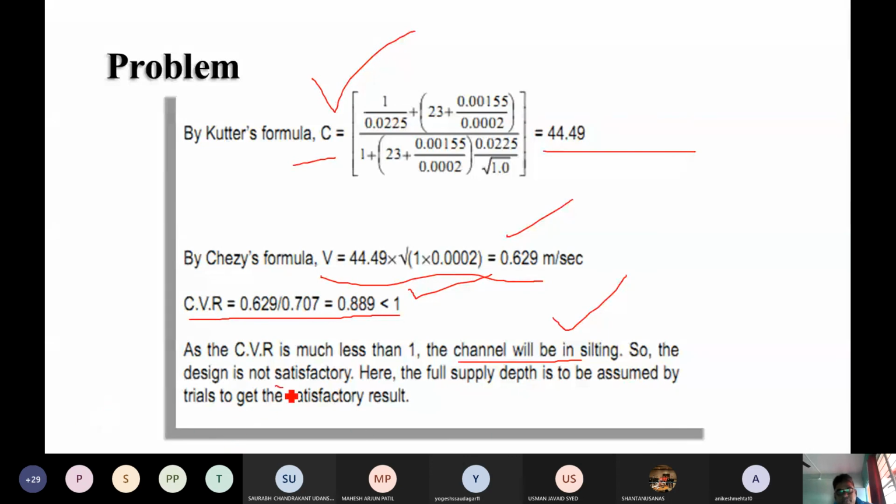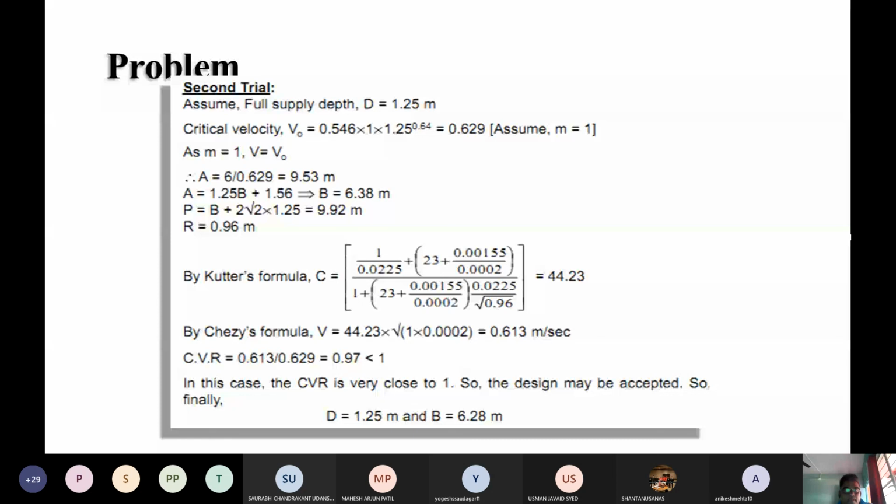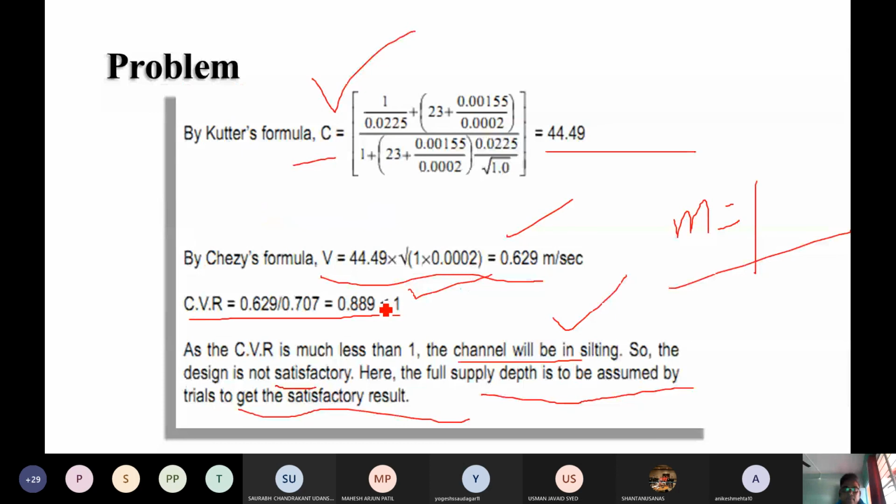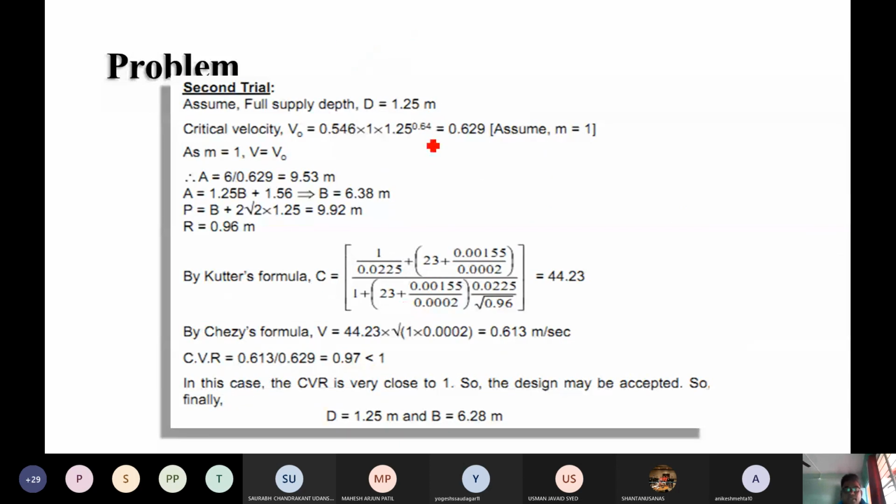If the design is not satisfied, then full supply depth is to be assumed by making the trial, to get the satisfactory result. When the results are satisfactory, if the m value is equal to 1, then we'll go for the second trial. In the earlier case we did not get m value equal to 1, therefore we'll go for the next depth.